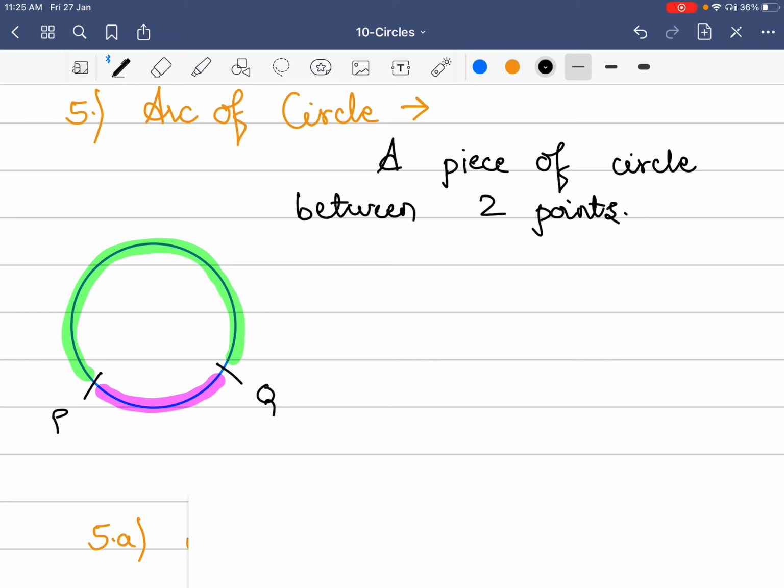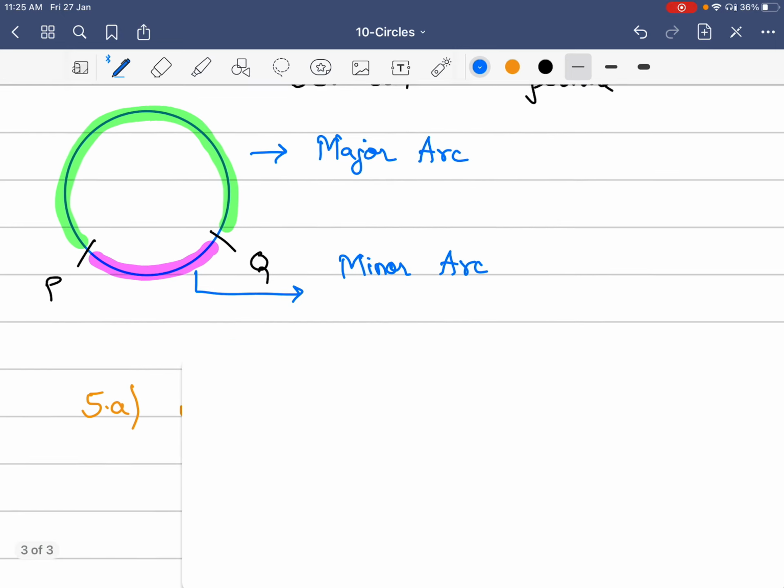This one will be called a major arc because it's bigger in size. So I'm going to write here major arc, the green one, and this one is called the minor arc, the pink one. Thus any 2 points on a circle will divide a circle into two arcs. One will be a major arc and one will be a minor arc. So that is a simple definition of what is the arc of a circle.